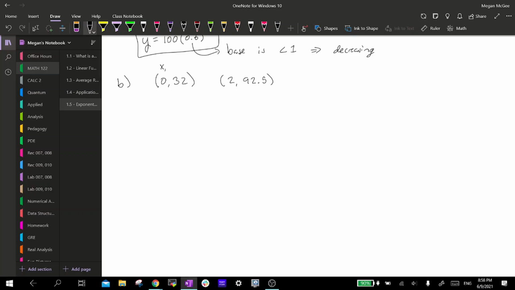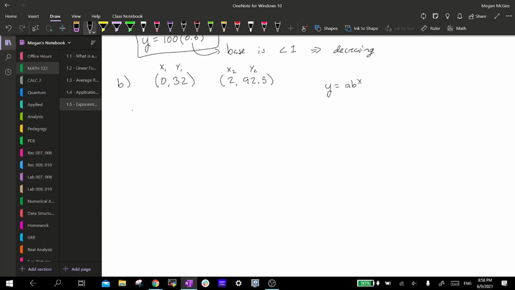Label them x1, y1, x2, y2. I like to label everything just to keep it super clear in my brain. Otherwise, I will definitely use x1 with y2 instead of y1. It's helpful for me, and hopefully it'll be helpful for you as well. Again, we're going to be using the formula y is equal to a b to the x.